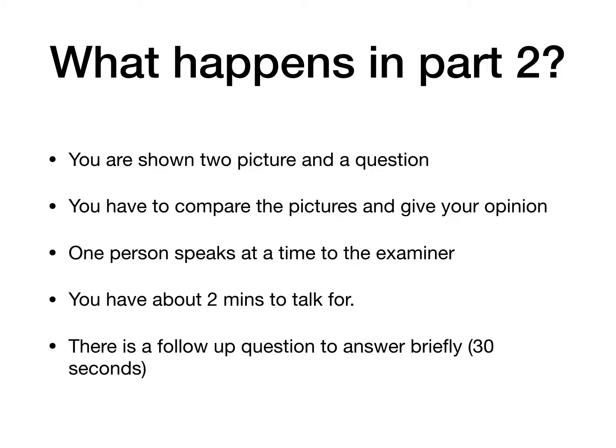Only one person speaks at a time and you speak to the examiner. You do not have to interact with each other. You have about 2 minutes to talk for, and then after you finish speaking, the examiner will ask a follow-up question to your exam partner, and that should take about 30 seconds to answer.